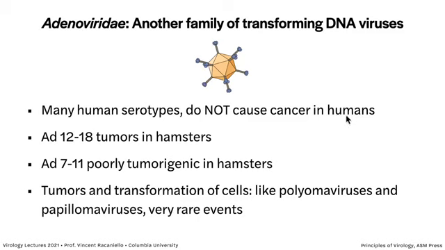However, if you go into a different host, in hamsters, some of them cause tumors. And so 12 and 18 and 7 and 11. And like the transformation and cancer formation that we've just talked about for polyoma and alluded to for papillomaviruses, these are rare events. In other words, adeno causing tumors in hamsters, a rare event.